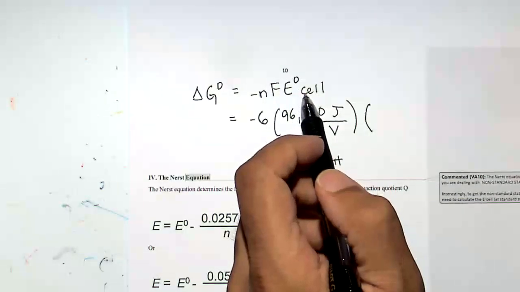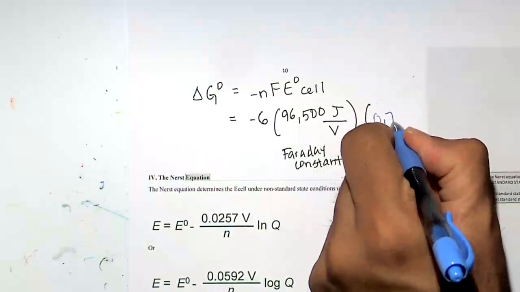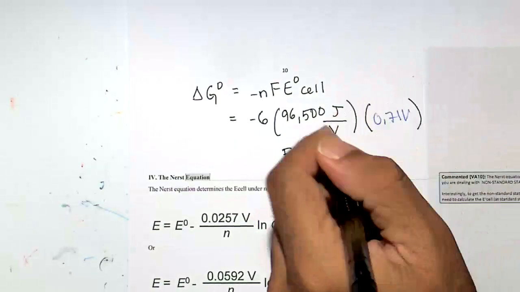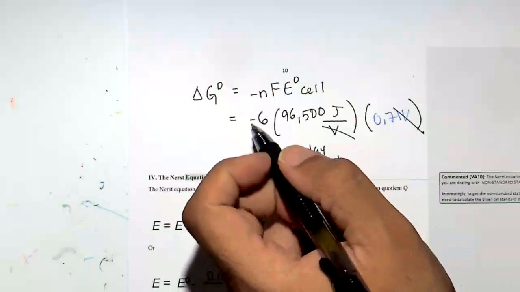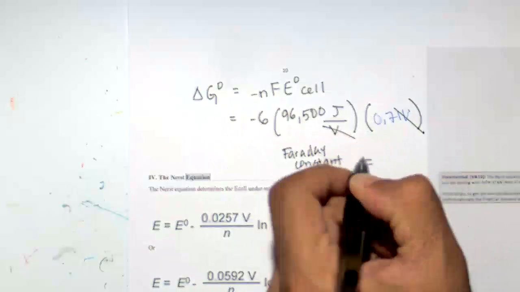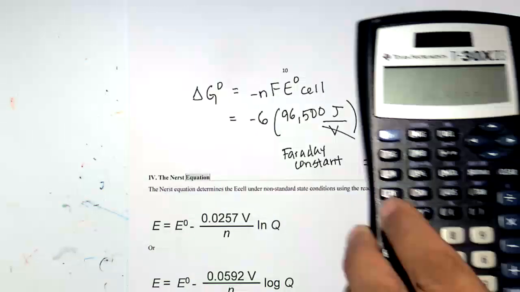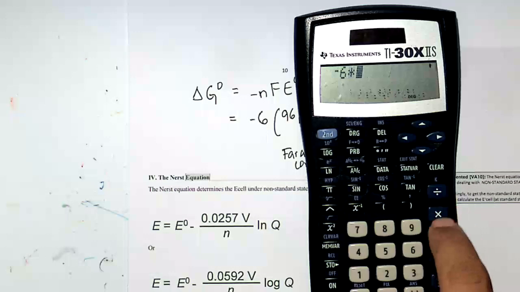E cell we just calculated, and we got 0.71 volts. The volts and volts cancel. You're left with joules, which is a unit of energy. So minus 6 times 96,500 times 0.71. What do you guys get? Shall we do it together?